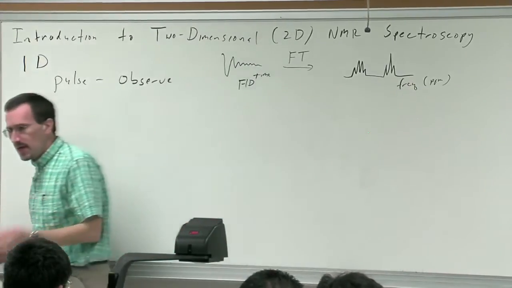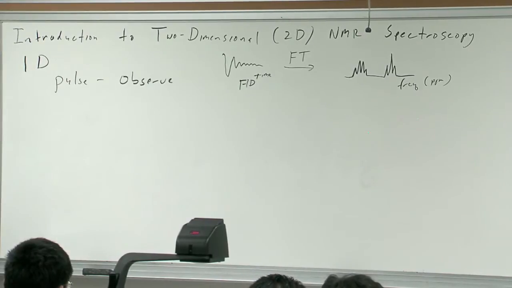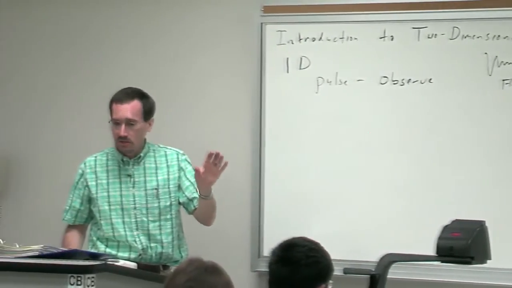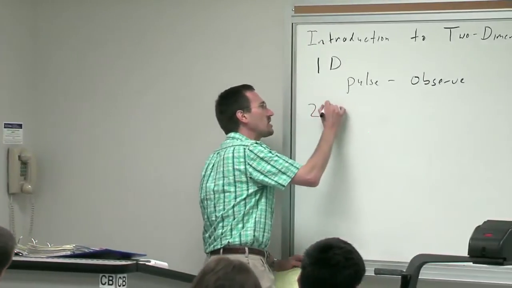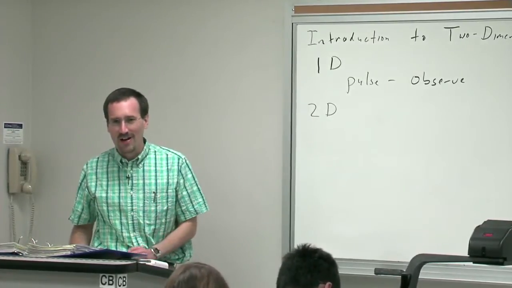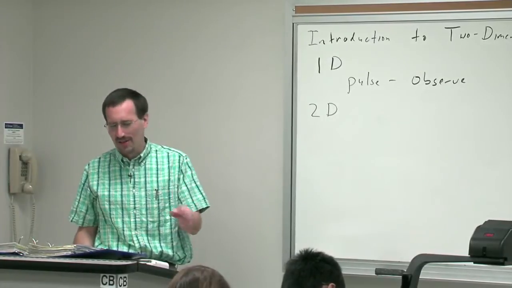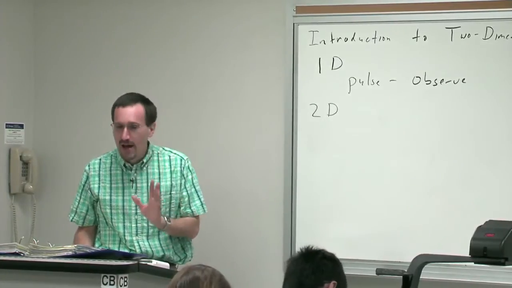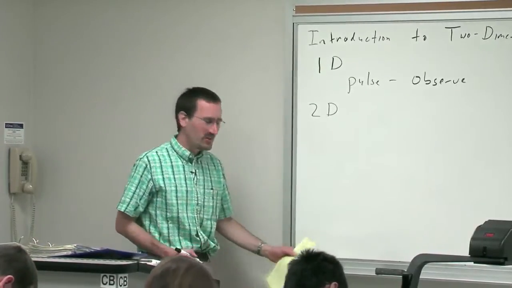Now, in 2D NMR, you get two time dimensions in the FID, and they get transformed into two frequency domains. So I'm going to give you, just as I have given you my simplified version of an NMR spectrometer, an IR spectrophotometer, and a mass spectrometer, and so forth, my simplified version of a 2D pulse sequence.